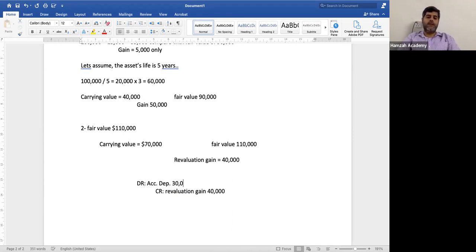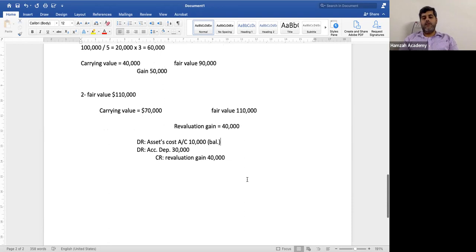The total of the accumulated depreciation is 30,000, and if any balance remains, it will go to the asset's cost account as a balancing figure of 10,000 as far as the whole double entry is concerned. So we are going to debit our asset's cost account over here with the 10,000 as well.